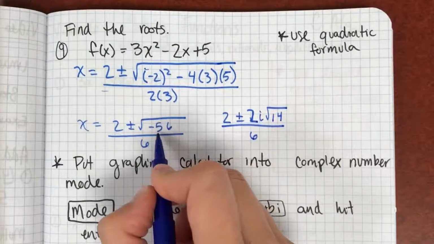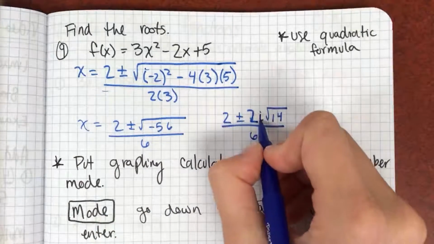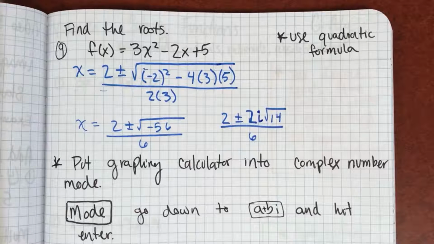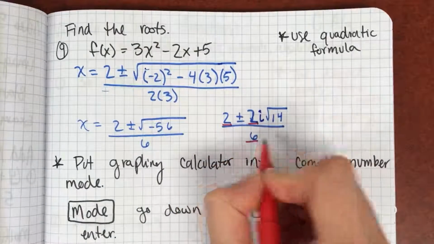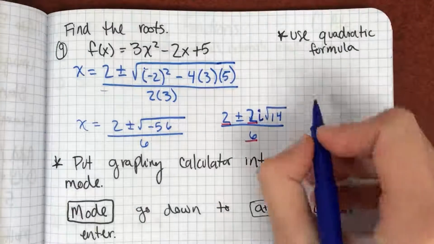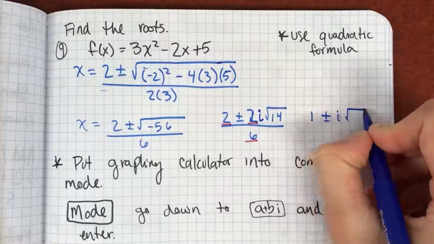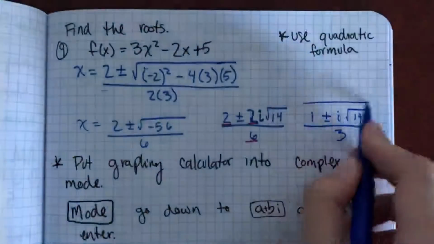We can reduce that using a factor tree. Notice how we put the i on the outside of the radical, not behind the radical. Because we have these three numbers that can reduce, we can simplify our answer even more to just be 1 plus or minus i square root of 14 over 3.